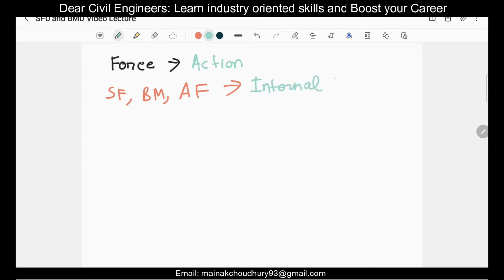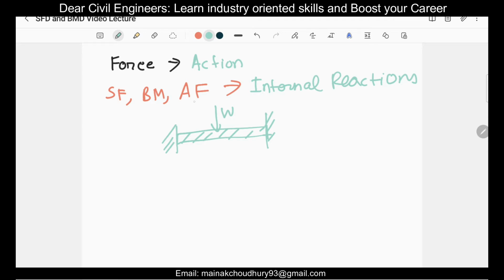This is not a textbook definition, so why am I telling this? Suppose you have a particular body, a beam. I'm drawing a beam here, and it is fixed, a fixed beam, and some load W is applied. The beam tries to resist the load, and for resisting the load certain forces are developed.